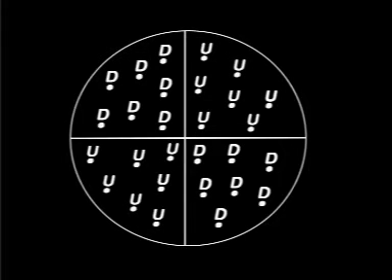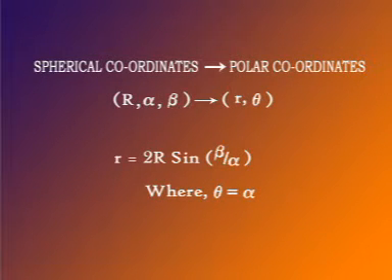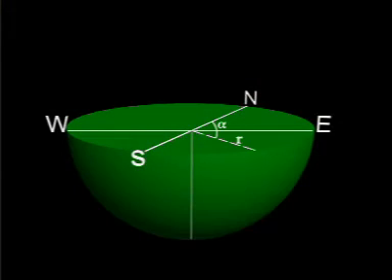Now, to change it to the focal sphere, the spherical coordinates are changed to polar coordinates. Let us take a point r, alpha, beta on the focal sphere. R is the radius of the focal sphere, alpha is the azimuthal angle, while beta is the takeoff angle.